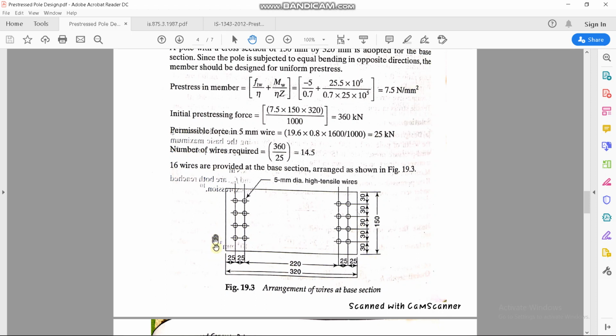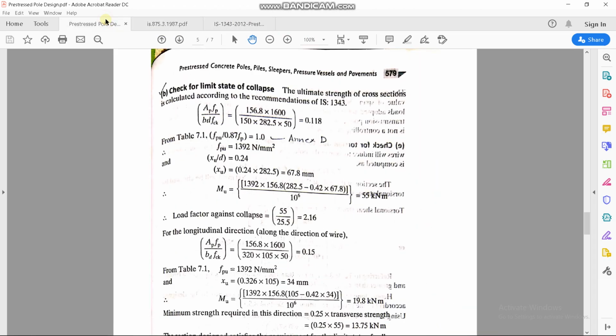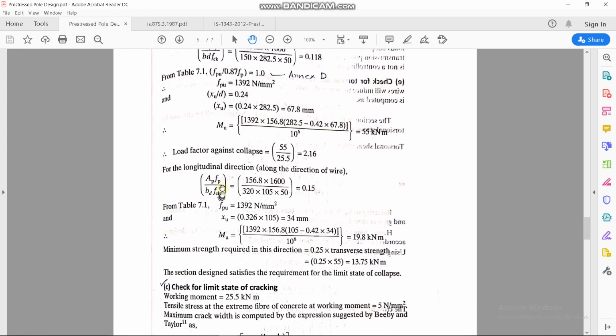If we take this as our depth and this as our width, then you have to calculate again the ratio AP FP divided by BD FCK. B in this case is 320 and D if you calculate will be coming around 105. You find out the ratio, you find out FPU, you find out XU using the same method, and then find out the moment of resistance in the other direction.